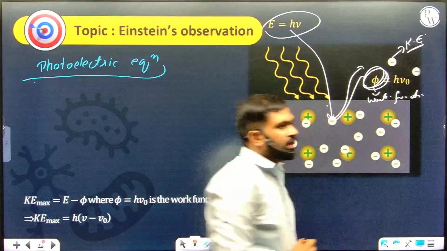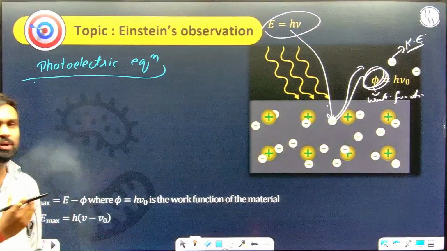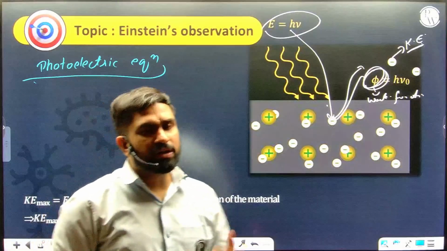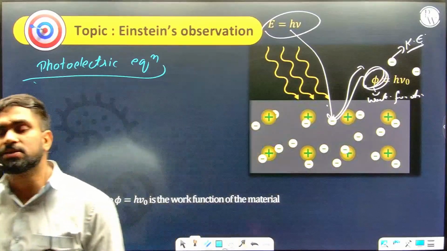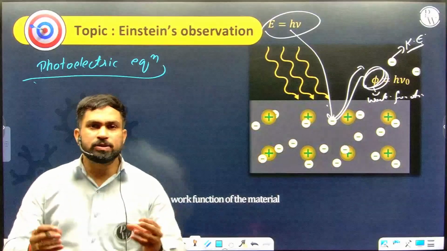Now some of those photoelectrons having that residual kinetic energy will further suffer collisions. They will collide with the other atoms in the metal lattice or with the other ejected photoelectrons, and they will lose that energy.